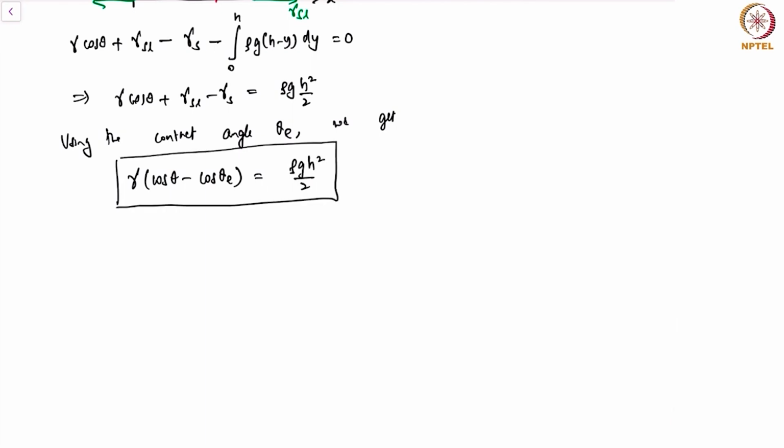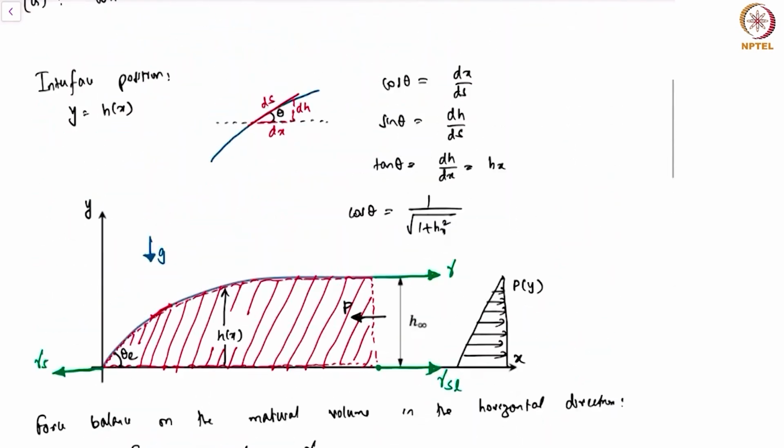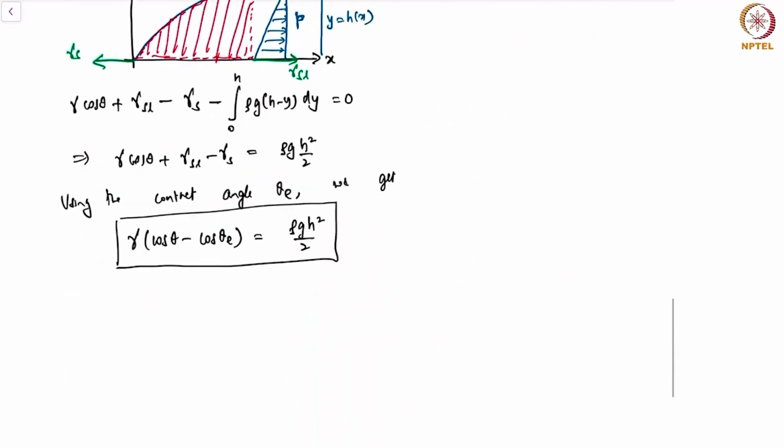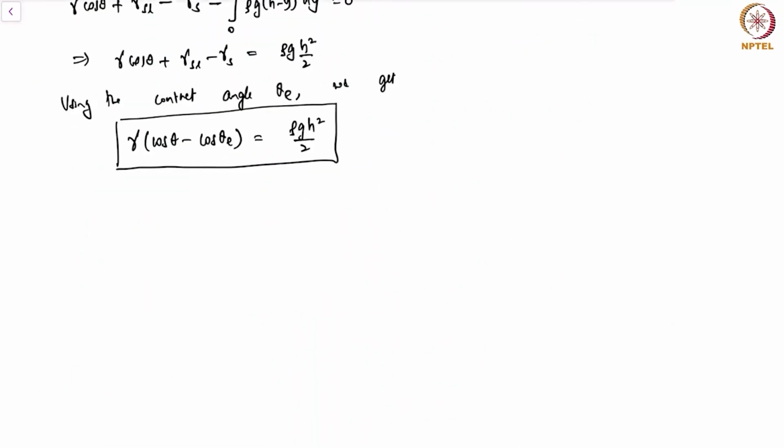Now we had already derived an expression for cosine of theta. Cosine of theta was 1 by square root of 1 plus hx square, and therefore I have cosine of theta minus cosine of theta e is half rho g by gamma h square.